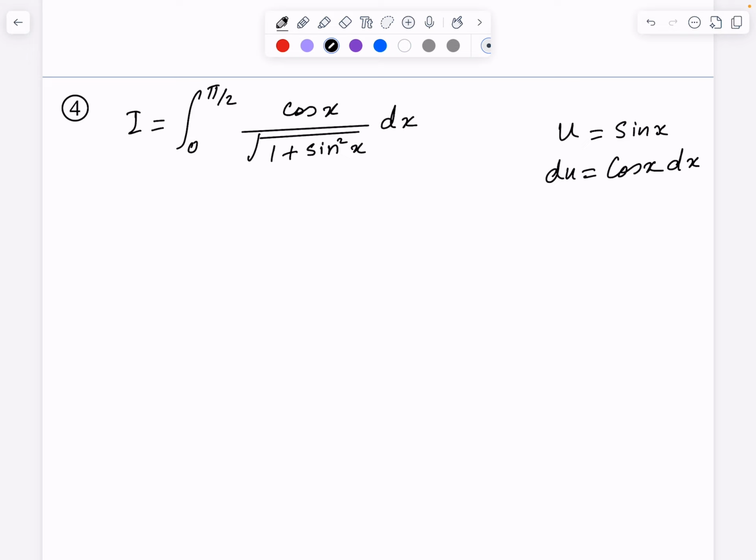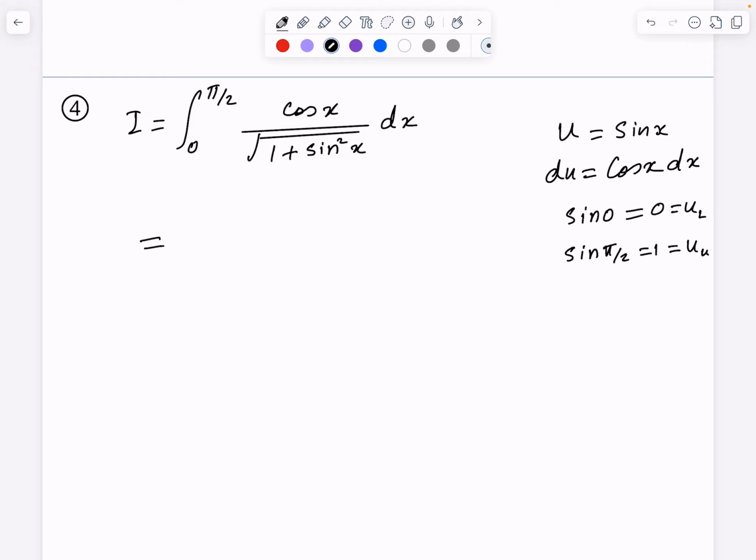And for the limits, the lower limit, sine of 0 is 0, so u lower limit is 0, and sine pi over 2 is 1, which is the u upper limit.